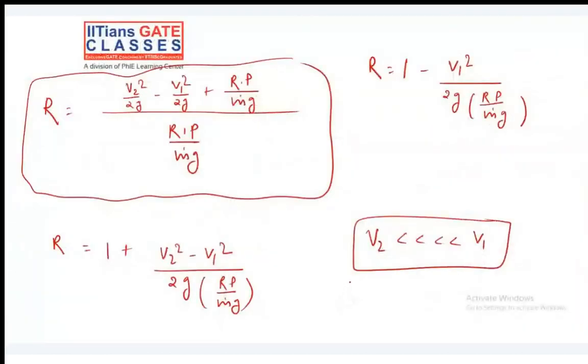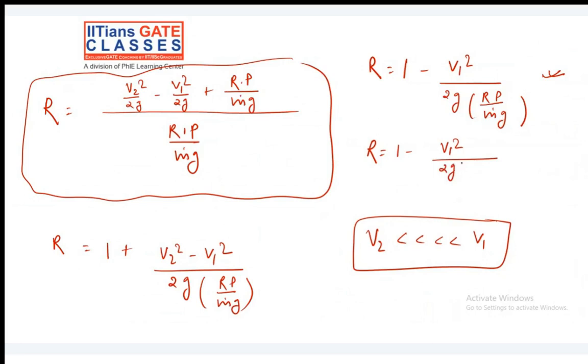Okay. So V2 is much lesser than V1. We were at this point. Okay. So this degree of reaction is 1 minus V1 square upon 2g. And if we expand this term, rho Q VW1 U1 divided by m dot g is rho Q, and this g and g will get cancelled out.